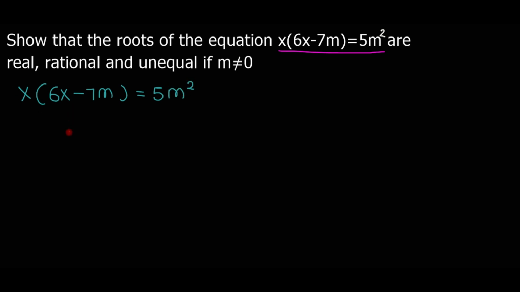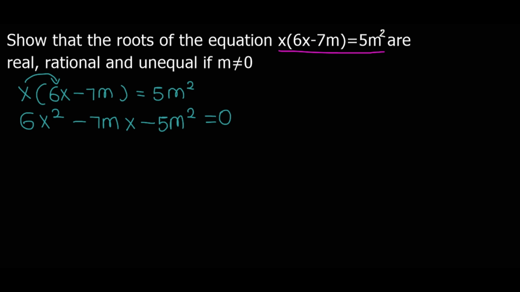So I will multiply out the bracket. So x times 6x gives us 6x squared, and x times 7m gives us minus 7mx, and then I will take 5m squared and transpose it to the left hand side, and it becomes negative, so we have minus 5m squared equal to 0.